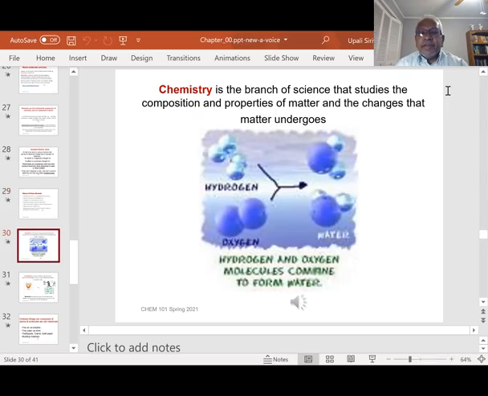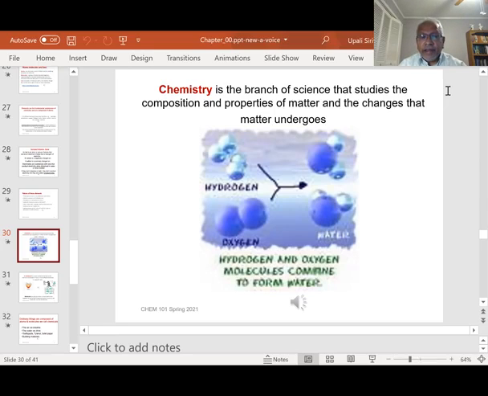Now, chemistry is the branch of science that studies the composition, properties, and changes that matter undergoes. So matter is atoms, molecules, and ions. Their changes are the ones we study in chemistry.